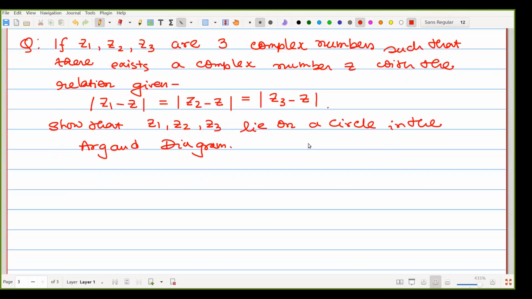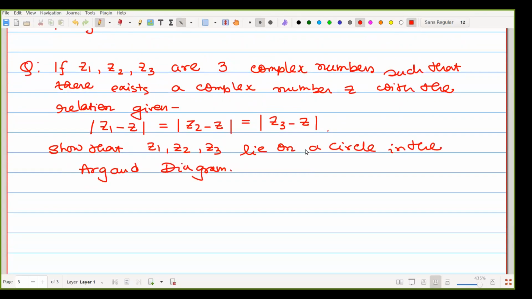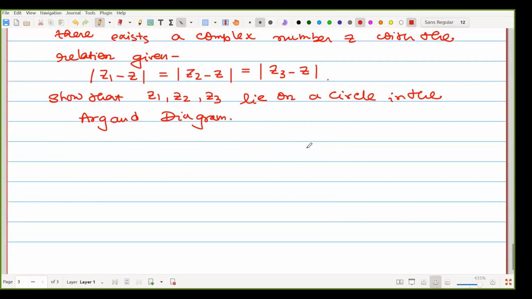Practically, what is happening here? We have three complex numbers. At first, suppose we have a circle. I am just explaining it with the circular portion. Suppose that is the position of Z1.